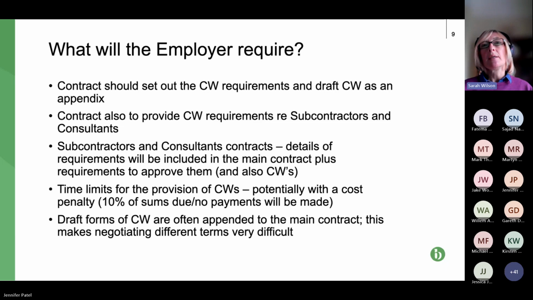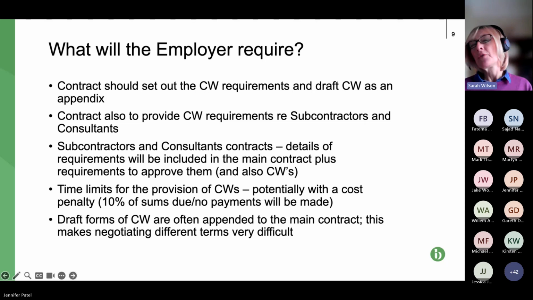So contractors need to be really careful to ensure these provisions go in, and that the terms of the collateral warranty properly mirror, a step down from, the terms in the contract, and that the requirements, the logistics for providing the collateral warranties, are mirrored from the contract into the subcontract. So we've already seen that there will be time limits for providing. Usually, because obviously when you sign up to a contract, there are probably certain collateral warranties that will be required immediately.